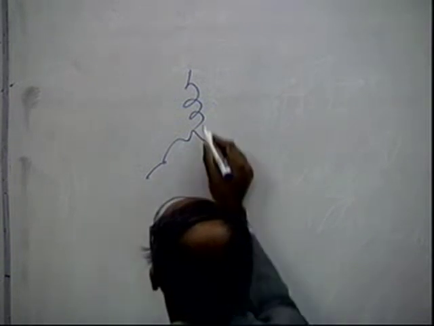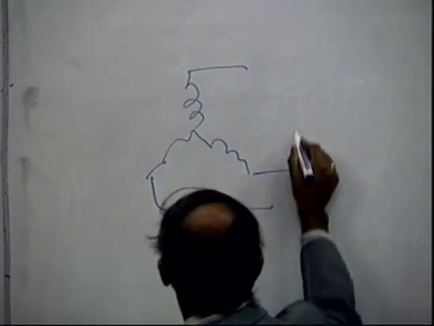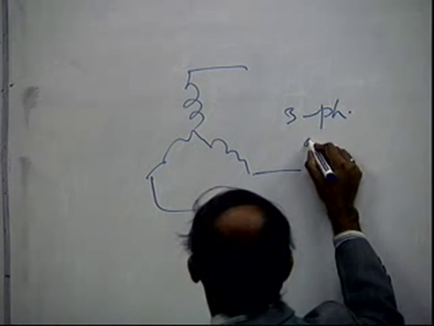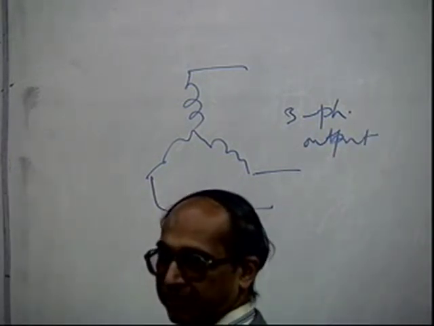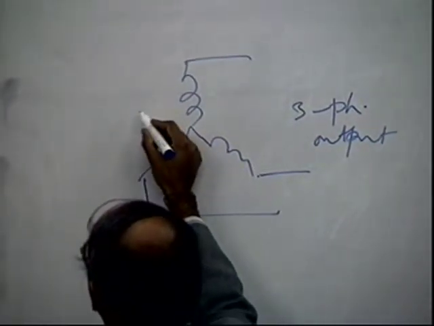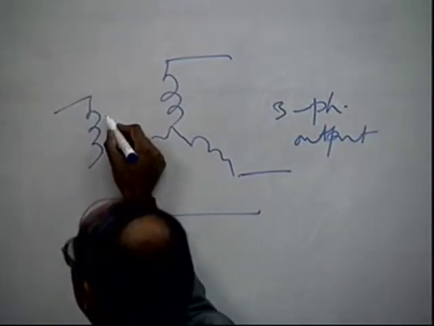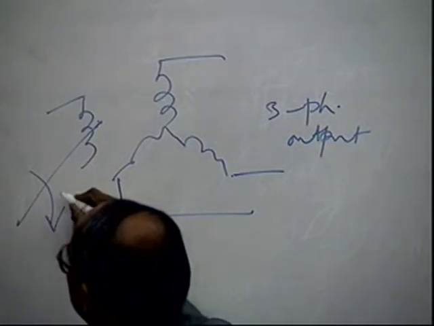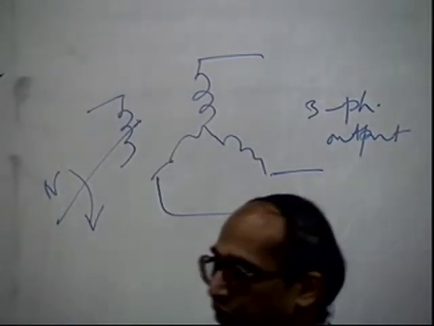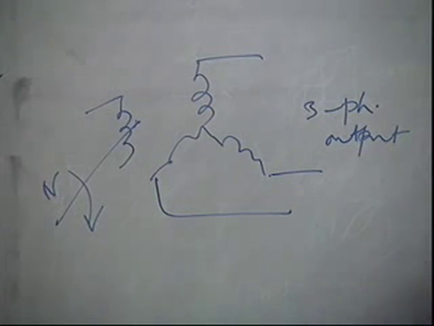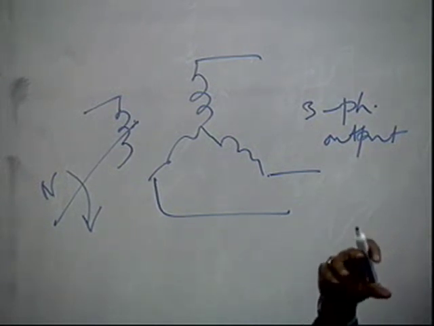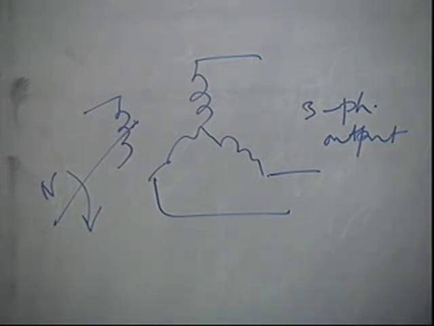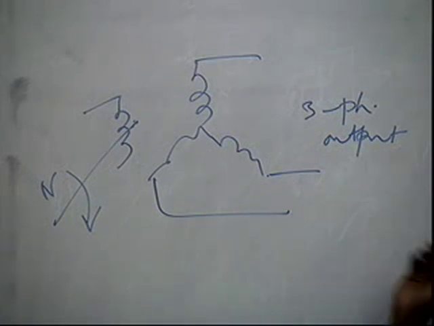So you get a three-phase output generated from an AC generator. Either you rotate the field and keep the conductors stationary, or you rotate the conductors and keep the field stationary. A relative motion is there, and you can take out these voltages.